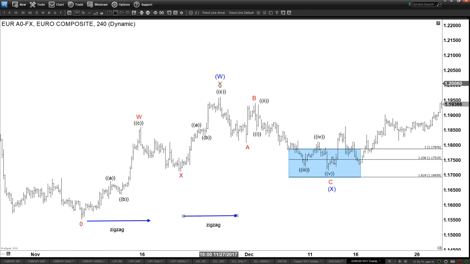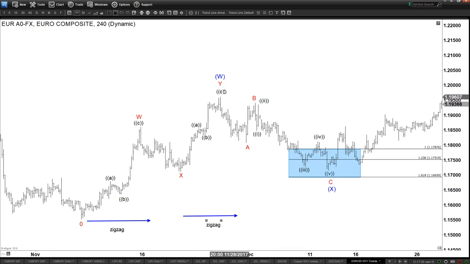Now, just for the sake of completion, let's take a look at this correction here. After we got this move WXY, we got another 3 waves move from this peak. So we got this 1, 2, and then 3, right? We label this 3 waves move here as a flat.